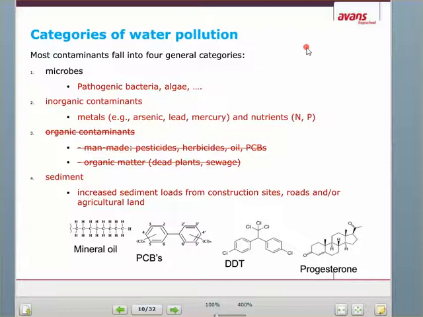However, the pathogenic ones are the ones you need to take care of. Then inorganic contaminants, such as metals, but also nutrients. These are dissolved solids. You can measure them several different ways, and I will be showing you how you can do that in a few more sheets, but already think about how to do those tests.